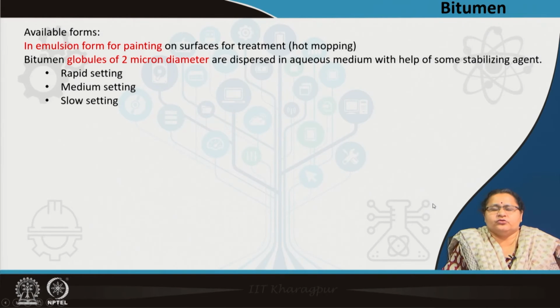So, coming to the available forms, as we had discussed during damp proofing, majorly we had discussed membrane damp proofing. So, what is that membrane of? When it was surface treatment, we were talking of a layer of bitumen, say around 3 millimeter. When we are talking of the surface treatment, it is an emulsion form, in the form of paint.